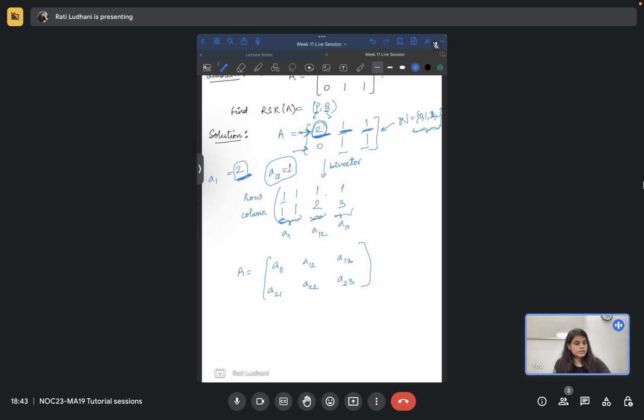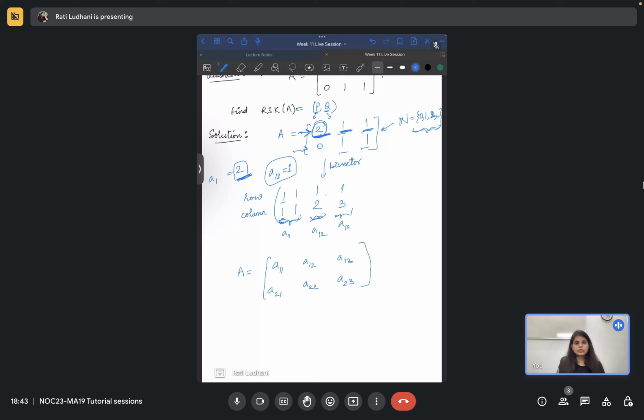And now next, what will A21 be? 0. So 0 means the number of times you will repeat that entry, only 0 times. That means it won't be considered.